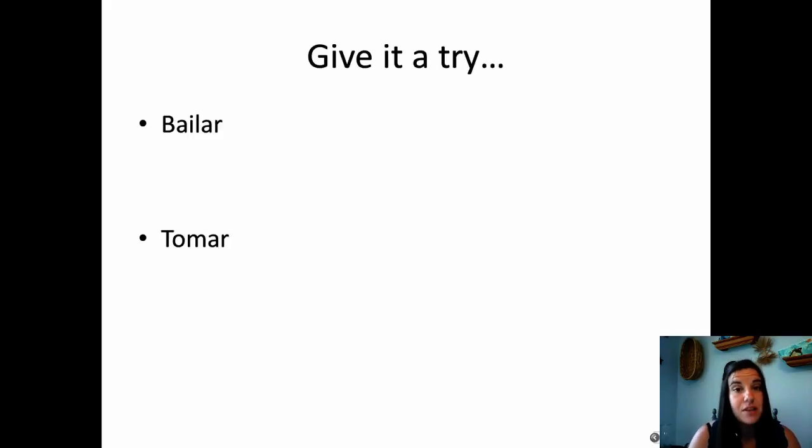Remember the steps. First, you need to drop the AR, and then you need to add the new endings. O, as, a, amos, áis, an. When you feel like you've got it, then you can move to the next slide.